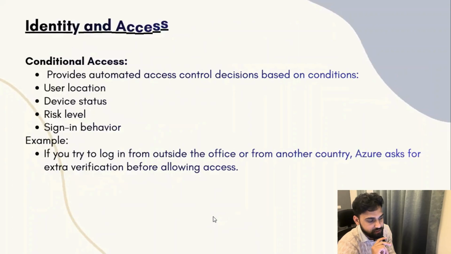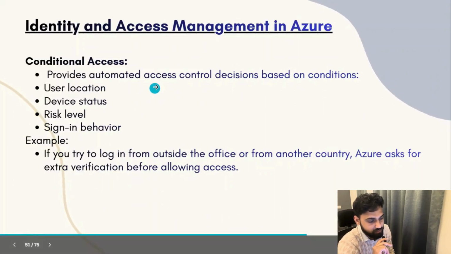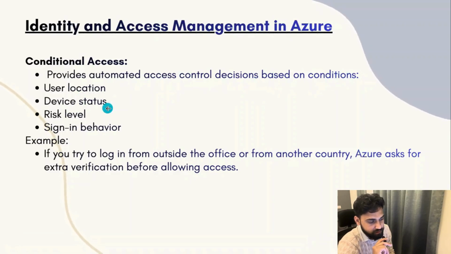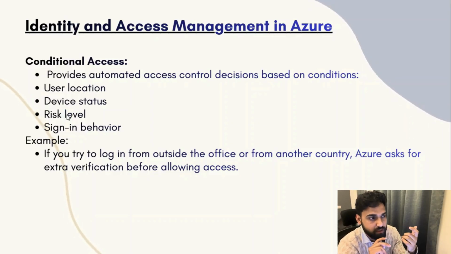Then we have conditional access, okay. By the definition, it provides automated access control decisions based on conditions: user location, device status, risk level, sign-in behavior. Let me take an example. If you remember, some years ago PUBG was banned in India, right?